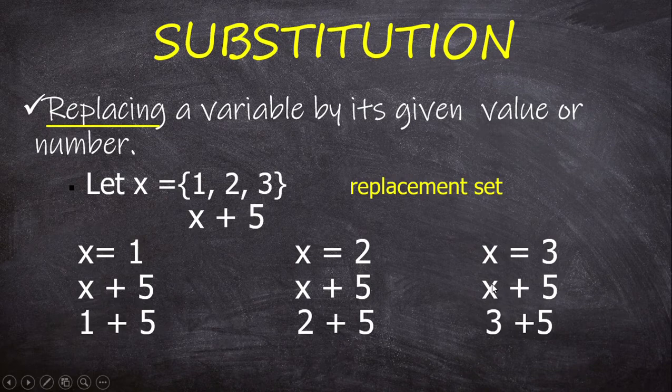Or substitute x with 3, that becomes 3 plus 5. So simplifying this, we have 1 plus 5 is 6, 2 plus 5 is 7 when x is equal to 2, and 3 plus 5 is equal to 8 when x is equal to 3. So that is substitution.